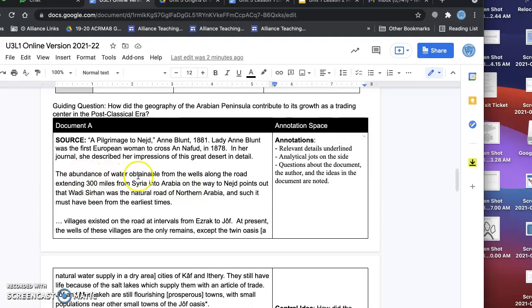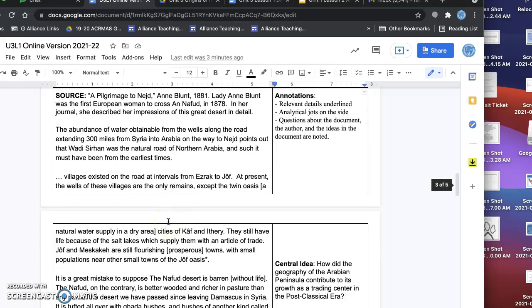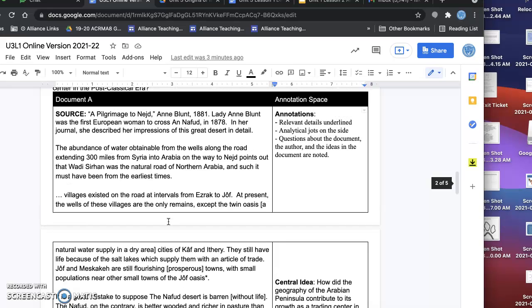The abundance of water obtainable from the wells along the road extending 300 miles from Syria into Arabia on the way to Najd points out that Wadi Sirhan was the natural road of northern Arabia, and as such it must have been from the earliest times. Okay, let's keep reading.